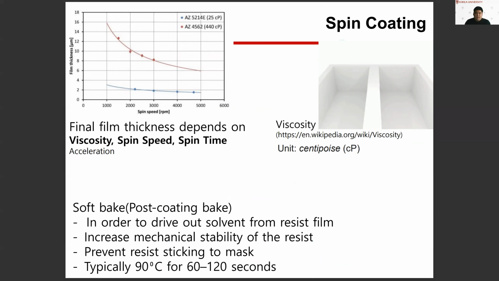The features of photoresist vary widely, like the viscosity, and we need to tune the spin speed, acceleration, spin time, and so on.